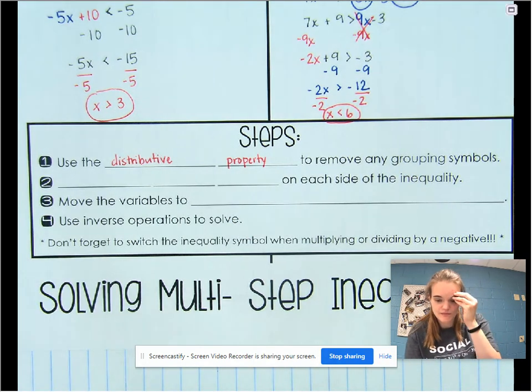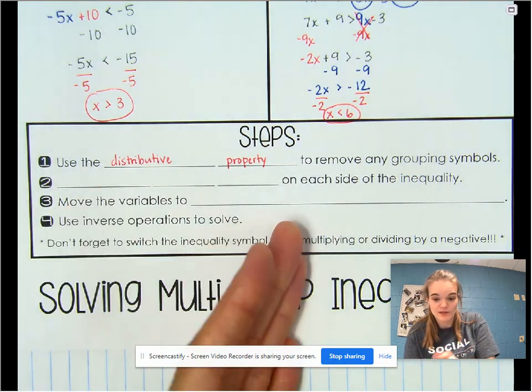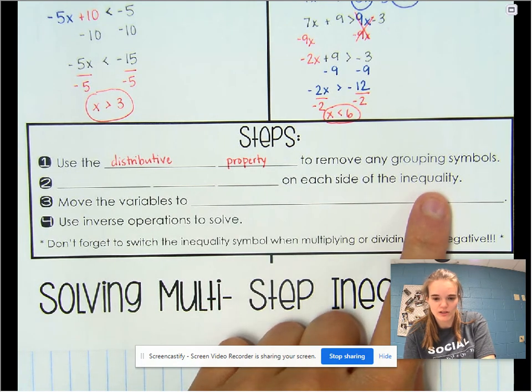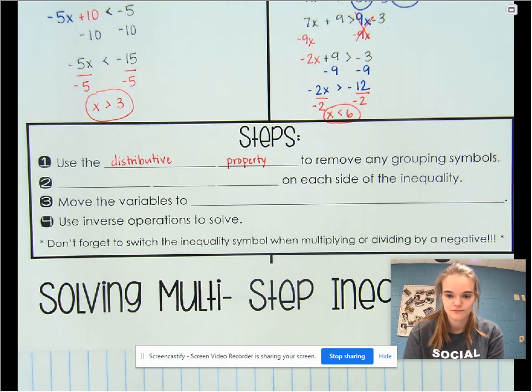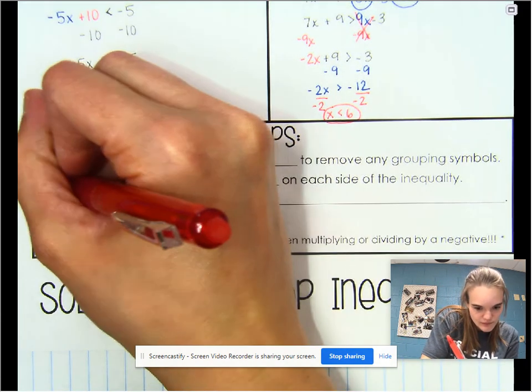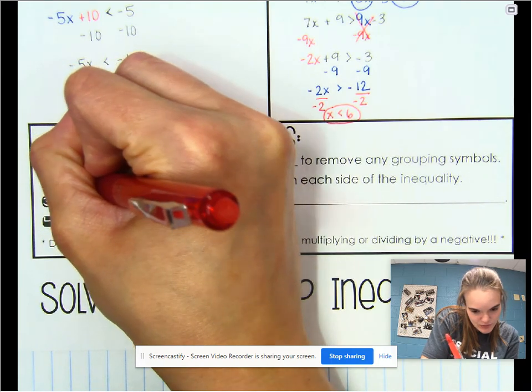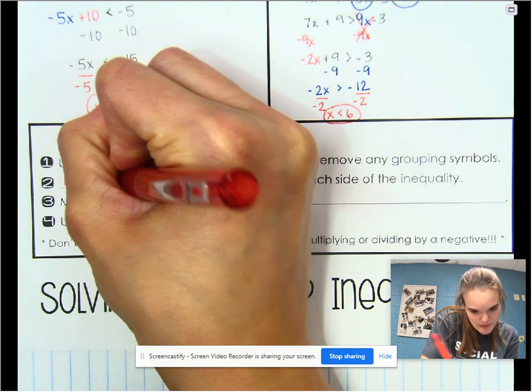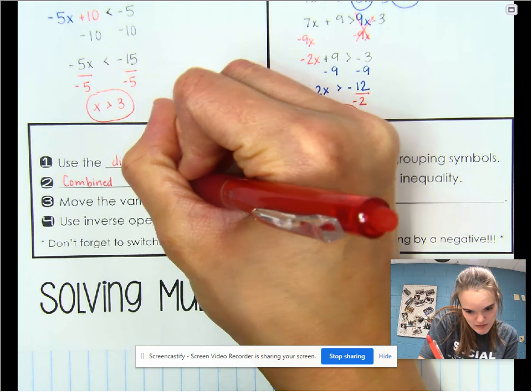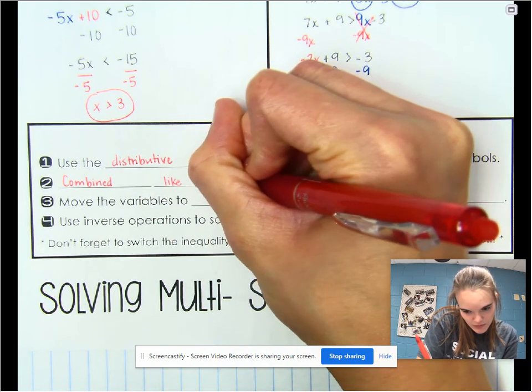Okay. Then we did something on each side of the inequality. Combined like terms is what we did.